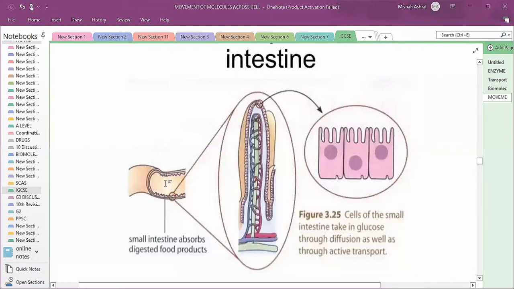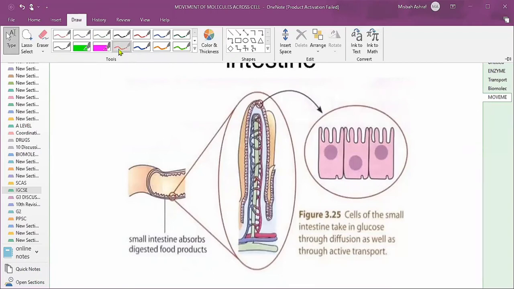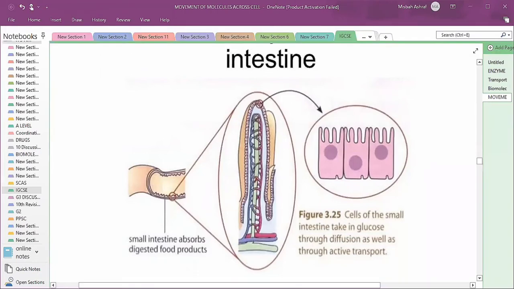This is the small intestine inside, and inside you can see that there are small finger-like projections present. These finger-like projections are known as the villi. This is one villus which has been zoomed in for you, and these villi have epithelial cells. I told you that the outer part of every organ inside our body is made up of epithelial cells. So this is also an epithelial cell. One has been enlarged for your convenience.